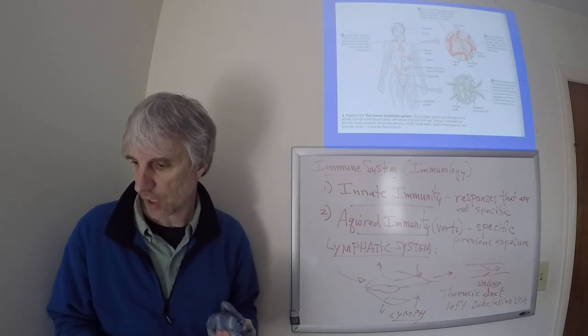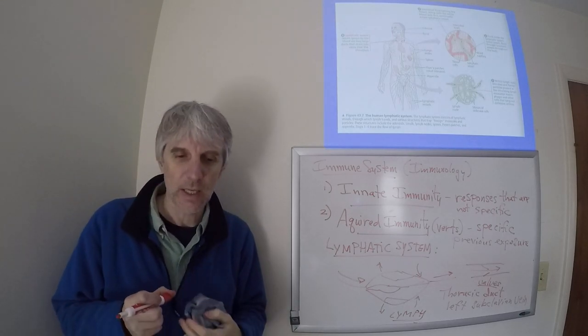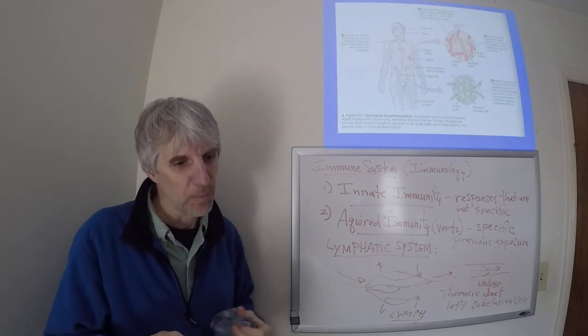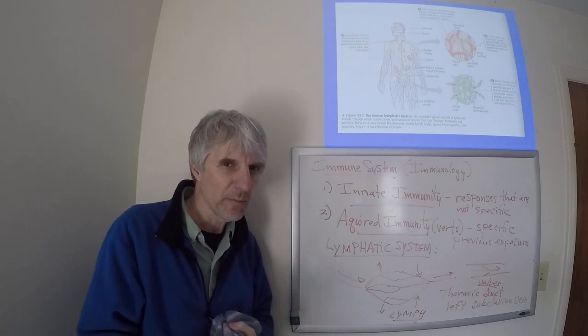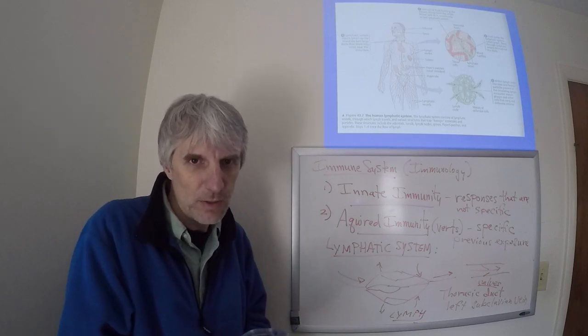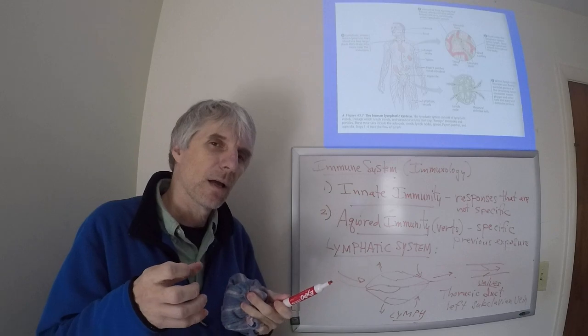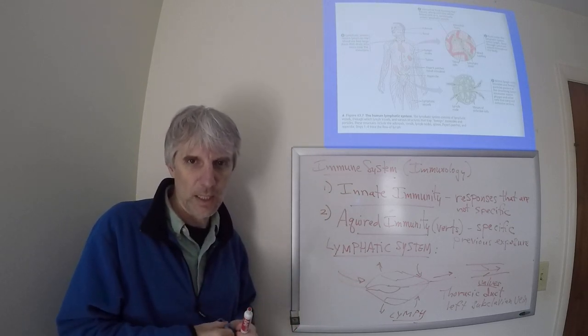There are all sorts of cell types that hang out in these lymph nodes and basically filter the lymph. And there are lots of cells present in these lymph nodes that are kind of looking for things in the lymph.